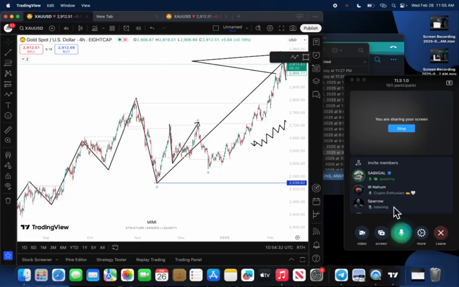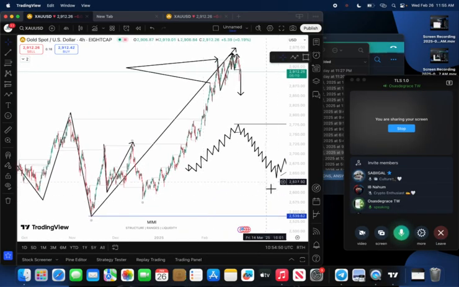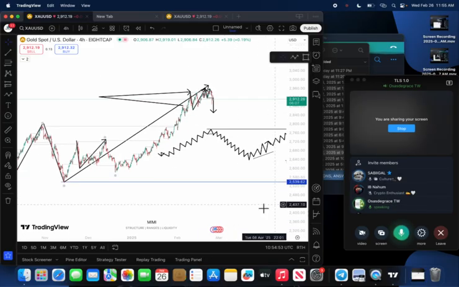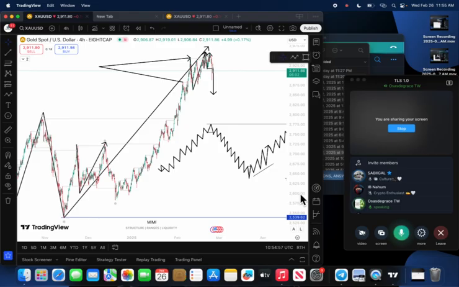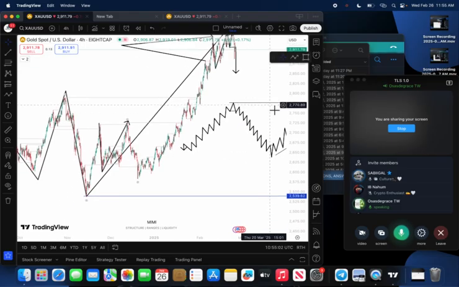Okay, the second person. Good morning, Sabiga. It's about your change of character here. You told us that when there's an external break of structure, it should have three internal breaks of structure. So is this low that is taken out for a change of character confirmed to have three internal breaks of structure?